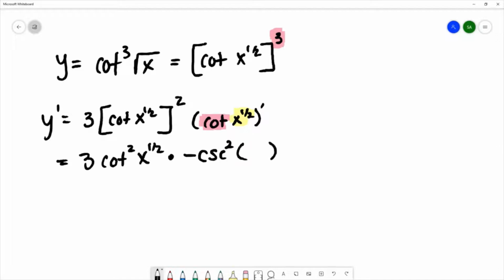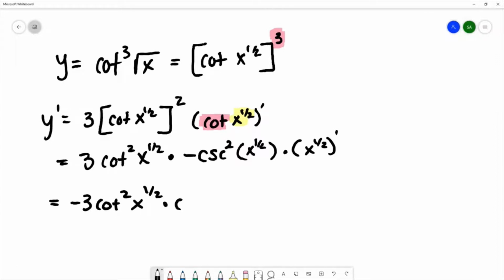And I'm going to chain it. I'm going to leave the inside alone and chain it by multiplying by the derivative of the inside. So this now gives me -3 cotangent squared x to the 1/2 times cosecant squared x to the 1/2.